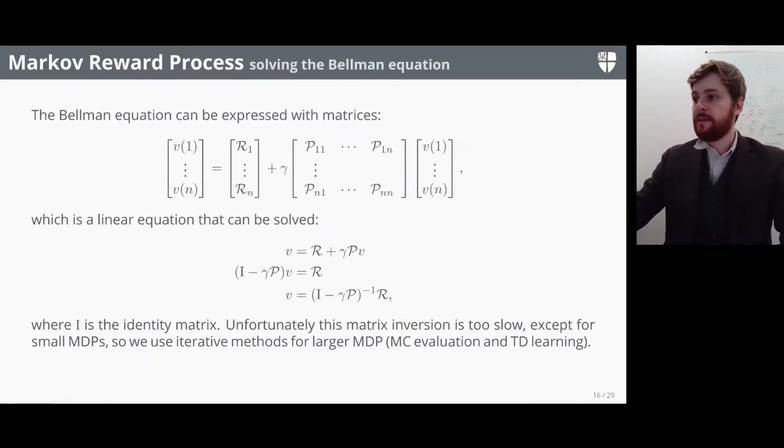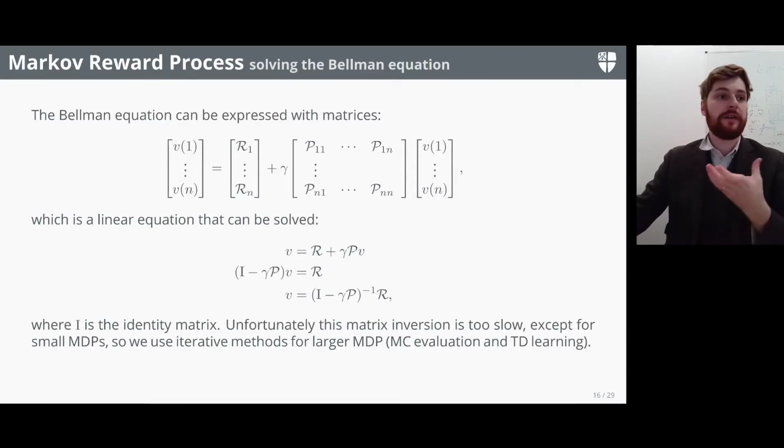And actually this can all be expressed with matrices, which is a linear equation that can be solved. So it requires a matrix inversion. Let's just go back to here. So yes, you need to invert the matrix, but you can read about that, and the matrix inversion complexity is about O(n) cubed.